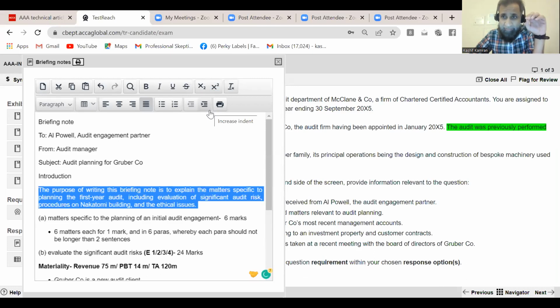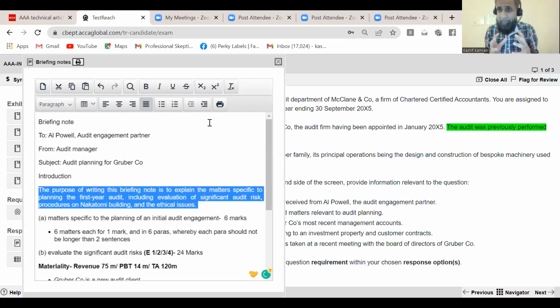You can put something extra in the briefing note as well, like rough workings, which you can delete later. As in, I put the materiality levels in the briefing note, which I will be deleting later, or I put the marking scheme in the briefing note, which I will be deleting later. So you can use the briefing note as a scratch pad. I personally as a tutor don't like to use the scratch pad, because everything can be put onto the briefing note.